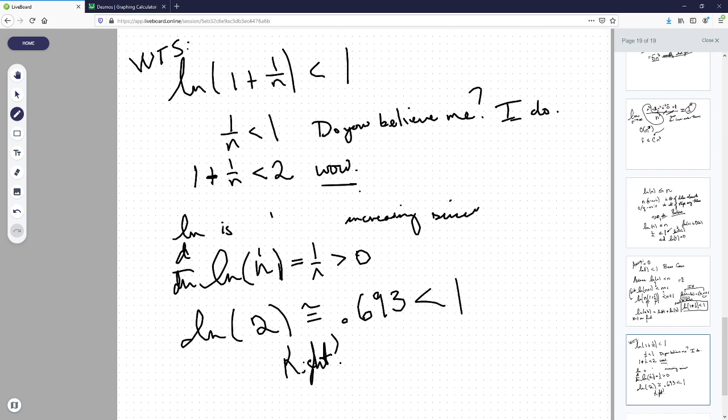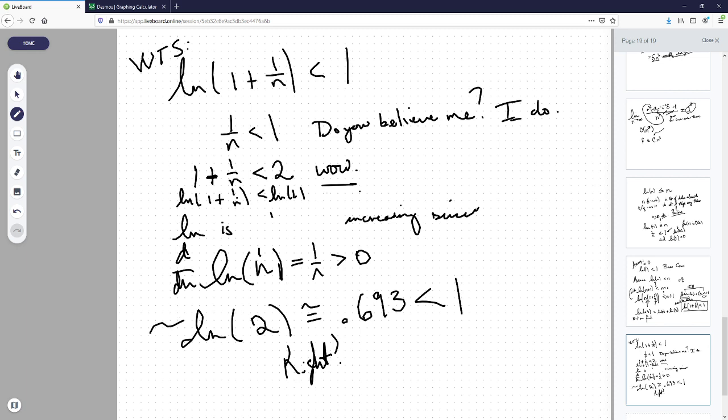It's less than 1, right? And so then we know that because 1 plus 1 over n is less than 2, the natural log of 1 plus 1 over n is less than the natural log of 2, which is, again, approximately equal to 0.693, which is less than 1.